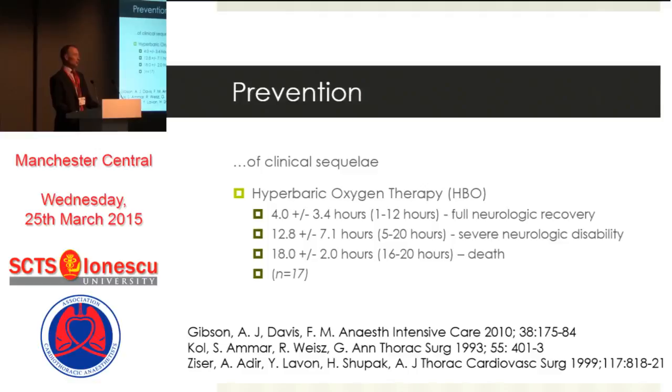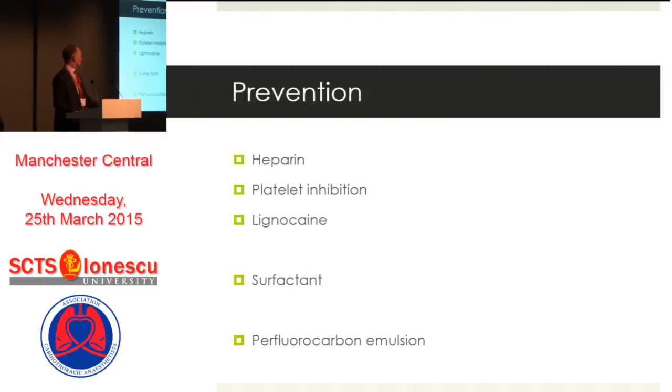I don't think it's applicable, but if you could put a patient who had had a large exposure to GME into an HBO chamber, then we can rapidly denitrogenate the brain of the microbubbles, but really it's not practical.